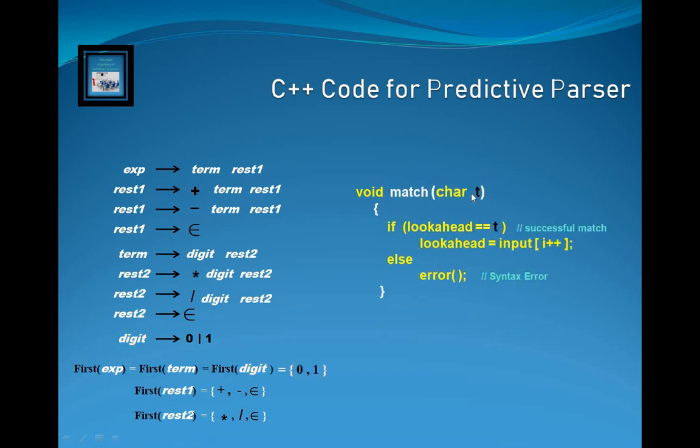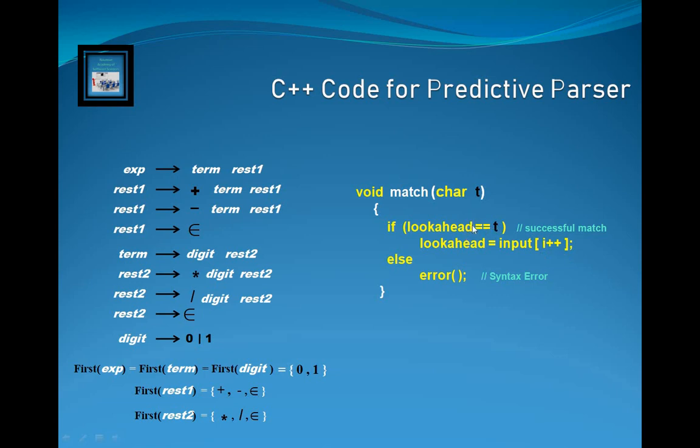When this grammar-suggested token comes here as an input, we have the input string of tokens and the current token which we are already seeing, that is lookahead. So we match that lookahead with the recommendation of the grammar.